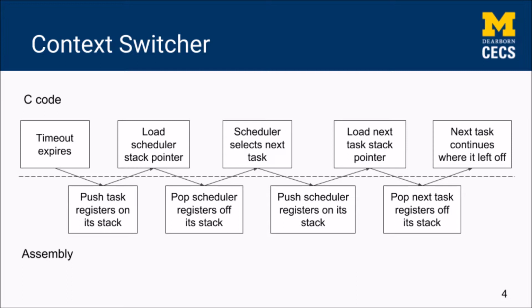It then loads the scheduler's task pointer, pops the scheduler's registers off its stack, and the scheduler then selects the next task. And then it pretty much does the same thing in reverse. It pushes the scheduler's registers on the stack, loads the next task that the scheduler selected, pops the task's registers off its stack, and the next task continues where it left off.